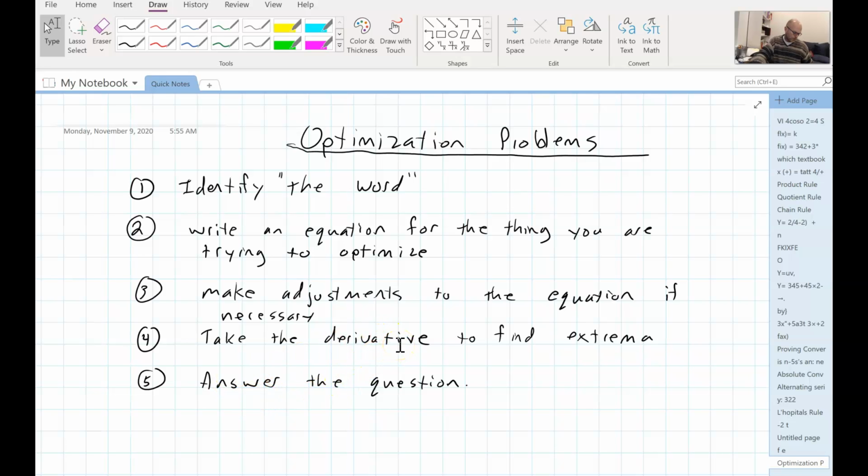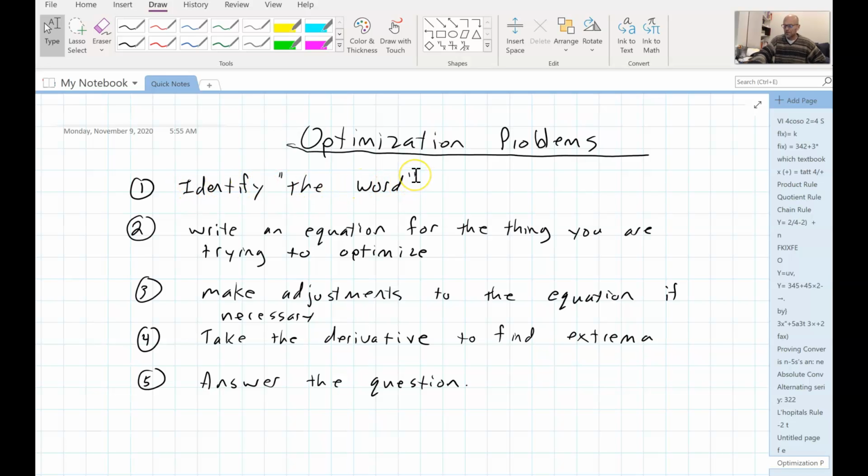Okay, so that's a real general overview of what optimization problems are. The key is this beginning here, identifying the word. At first, it'll be easy to know these are optimization because the first worksheets you're getting are all optimization problems. But eventually, you're going to get some where the word problems are mixed in together. So then step 1 will become even more important.